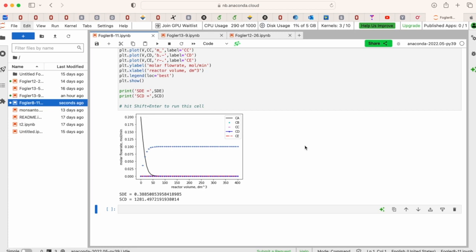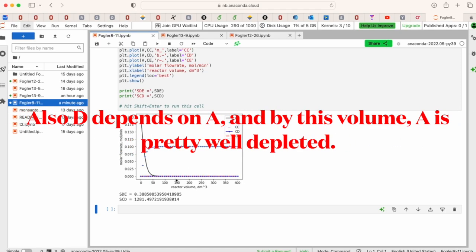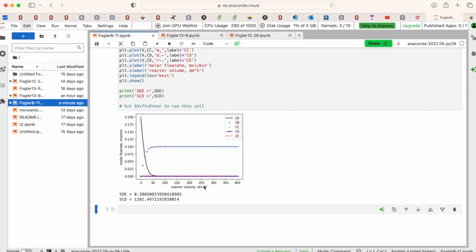So, for example, for the second reaction to run to form D, C needs to be formed. Now we see C is forming here, but as soon as D is formed, it's reacting to form E. So those reactions don't run as much, and I don't get as much of those species.